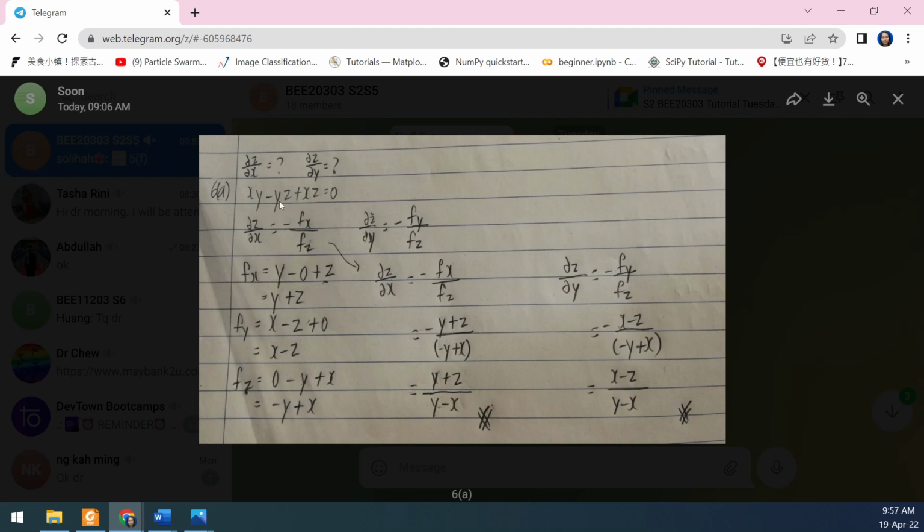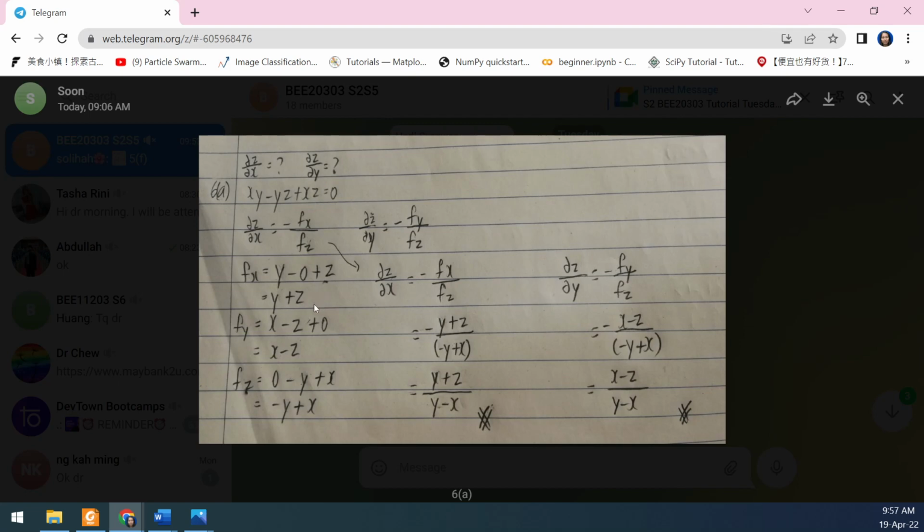If we use this formula, then for fx, y and z are constant. So fx, you get y. First term, when you differentiate xy with respect to x, you get y. Second term, because you have y and z, that's why 0. Third term, you differentiate xz with respect to x, where z is constant, you get z.